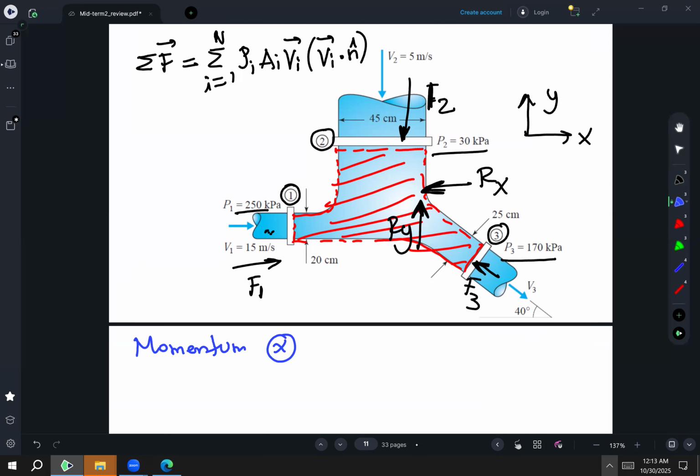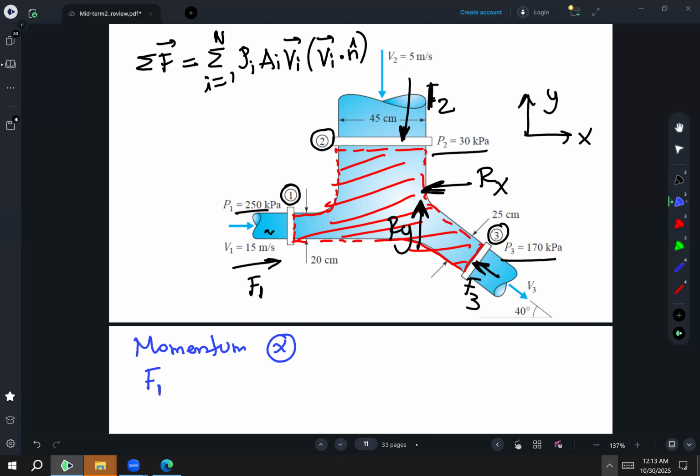Okay, so let's see the forces first in the x direction. F1 is going to be positive because it's pointing in the positive x direction. F2 doesn't have a component in x, so we don't need to include that. Now F3 has a component in the x and the y direction.